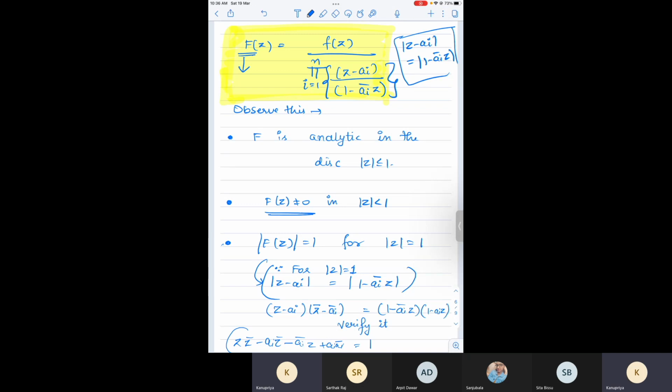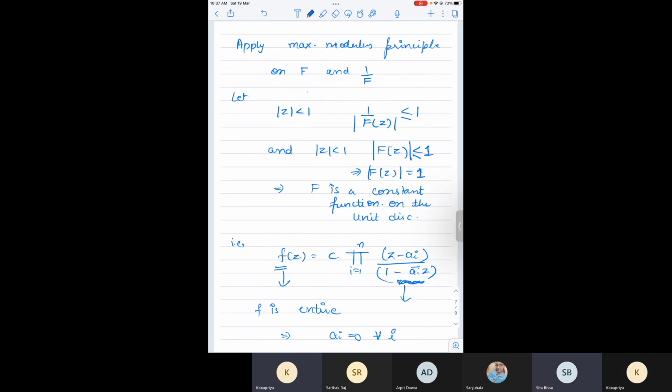Same is here: (1 minus ai z bar)(1 minus ai bar z). Now z bar z is 1. These two things will be equal. From there we can get that modulus of F(z) is equal to 1 when mod z is equal to 1. Is it okay? Yes, ma'am.